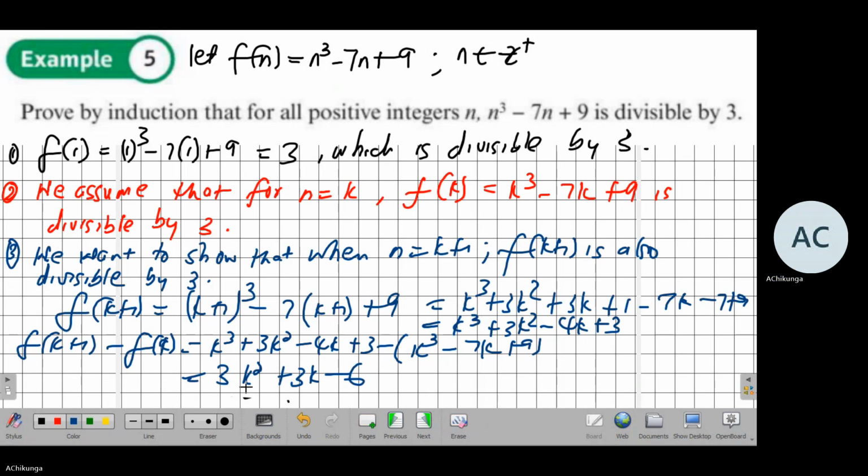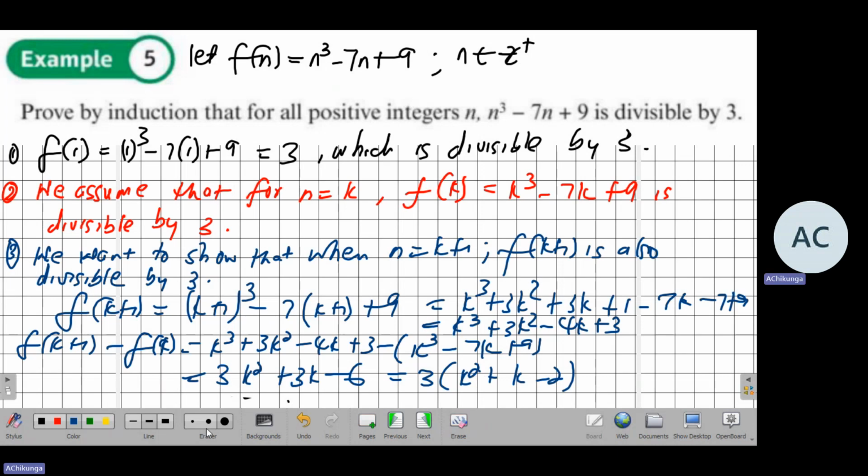Beautiful. A quick look at this, we can actually factorize 3 and we get 3 times 3k squared plus k minus 2? Oh, sorry, we get k minus 2. So the difference of these two functions is actually divisible by what? By 3. Do you see that?